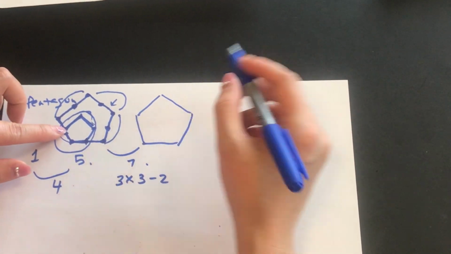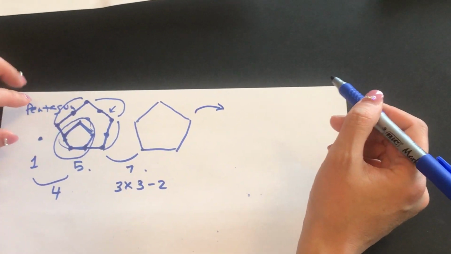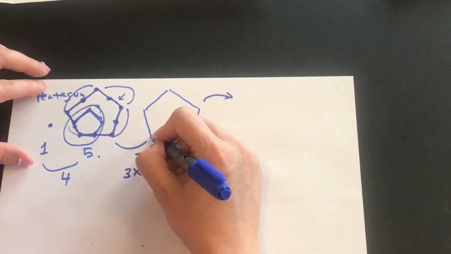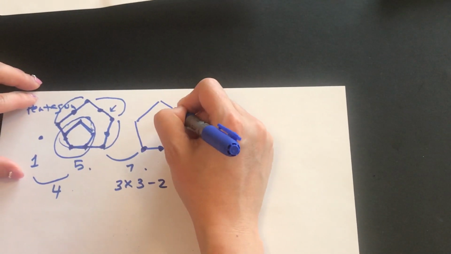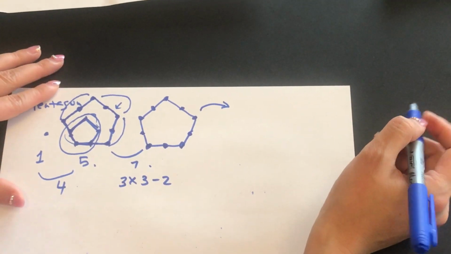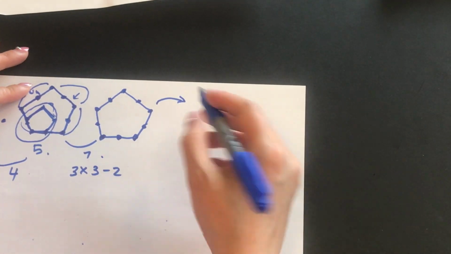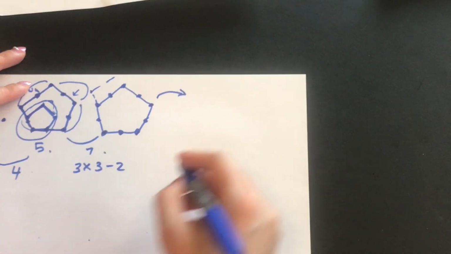So for this one, we extend that to the next layer. So this one has 3 points on each side. The next one should have 4 points on each side. Let's make it slightly smaller. Okay, here. If I extend this one out.